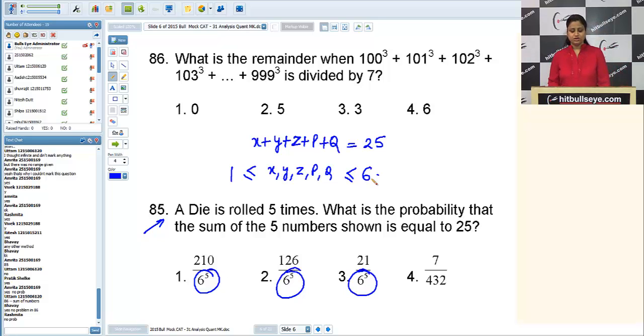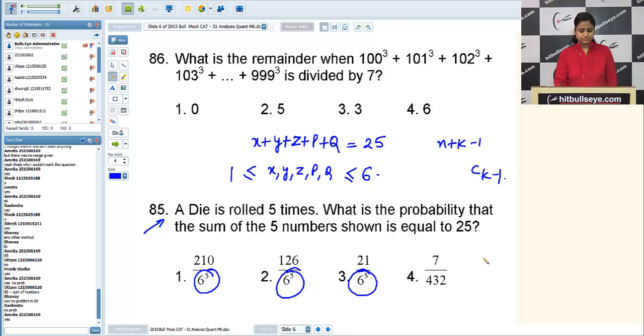So directly, no formula is applicable here. Is it okay? Clear? We cannot apply that formula n plus k minus 1 C k minus 1, because obviously this solution is not possible, but that solution is included in this formula. So this is not possible. Okay. So what should be the approach?